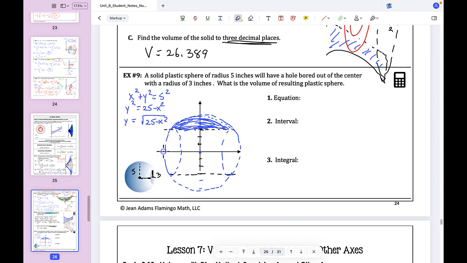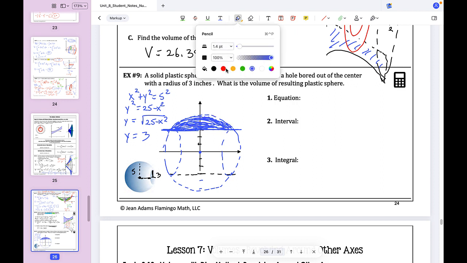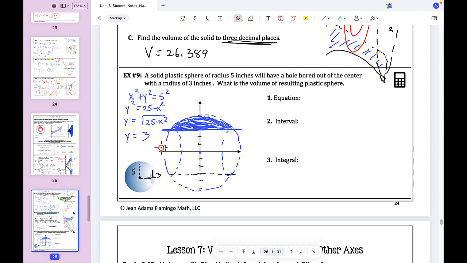Okay, so that would be the positive circle, but we're also bound by this line here of y equals 3, right? So what I'm doing is taking this circle, but only the region that's bound here. The full semicircle, because it's just the positive part, would be this whole thing.